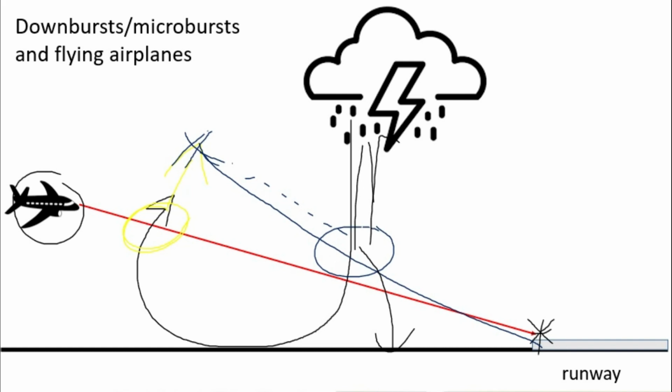So downbursts and microbursts are the reasons why planes do not take off and land during severe thunderstorms, because these winds are unpredictable. They're blowing up and they're blowing down, and it makes it hard to land and take off. And there's been scores of airplane crashes that have been caused by these downbursts and microbursts.